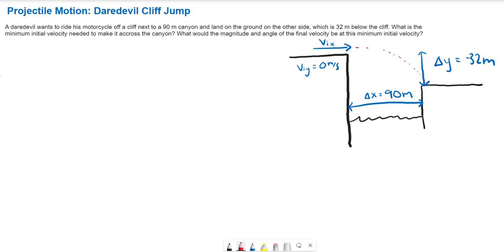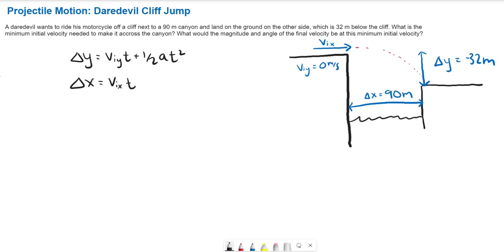Let's look at our equations. We know delta y equals v initial y times the time plus 1/2 times the acceleration times t squared. And then our delta x is going to be v initial x times the time.